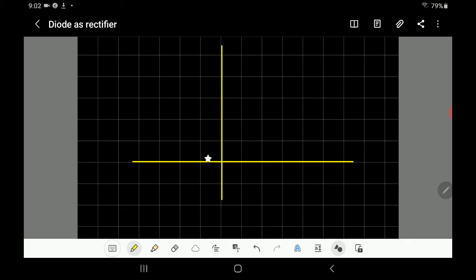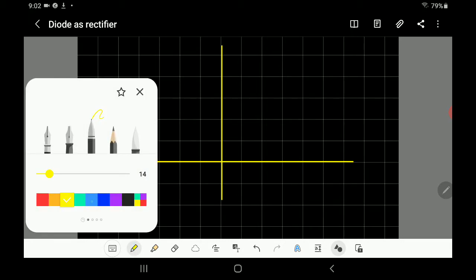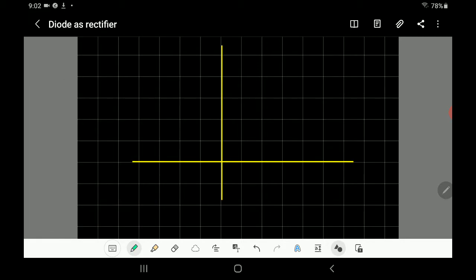Actually, you have to overcome the barrier voltage, which is equal to 0.7 volt. So what about if we move this line to 0.7 volt? To be like a straight line at 0.7 volt, it means before 0.7 volt, the current is 0, no conduction. And of course, when it's reverse bias, it's going to be off.